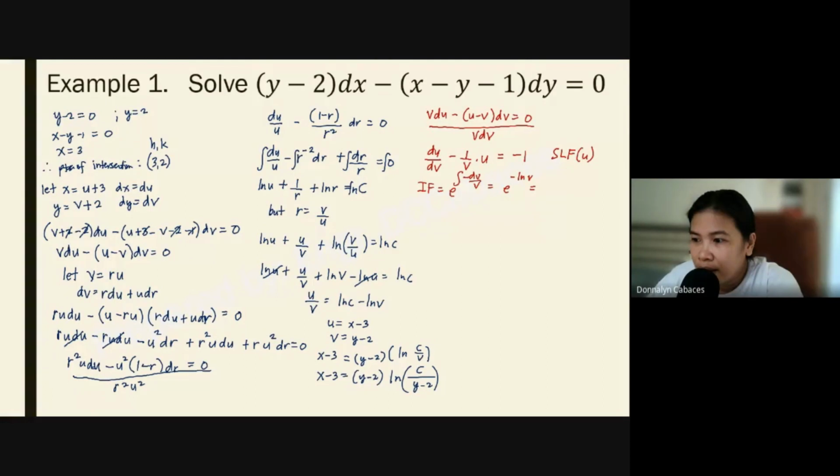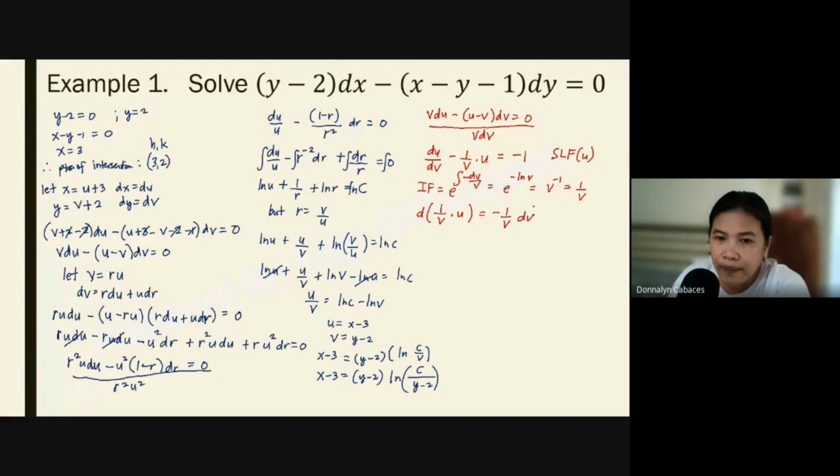Or that is V to the negative 1 or 1 over V. Okay? Then, after finding the IF, we multiply it with the standard linear form, and the left side should be the derivative of the product of 1 over V times U, which is equal to the right side, negative 1 times 1 over V, which is negative 1 over V dV.